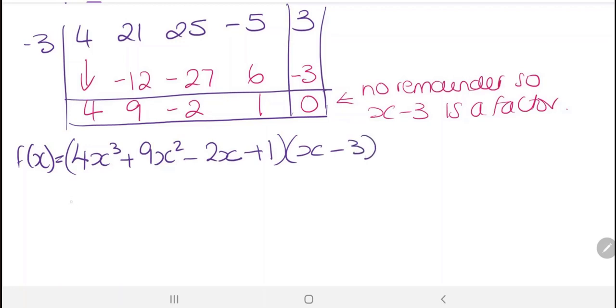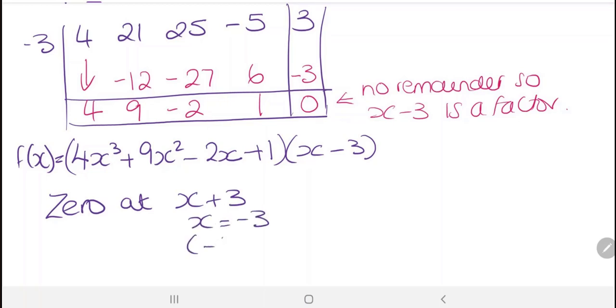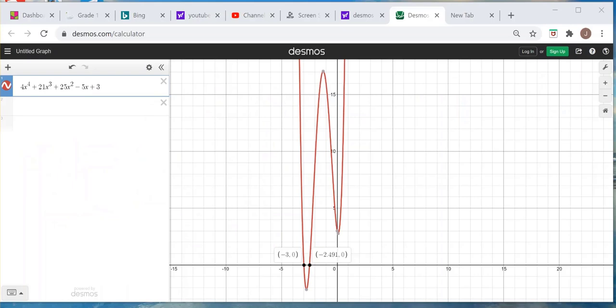And we can say that there will be a 0 at x plus 3 because x is equal to minus 3. So this will be at minus 3, 0. Checking our function in Desmos, we can see that we have a root at minus 3, 0.